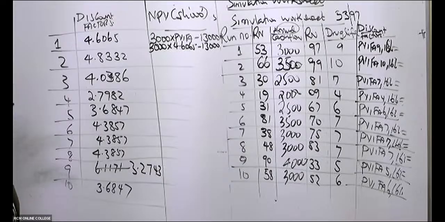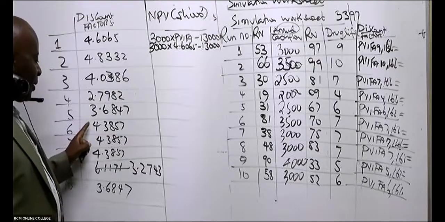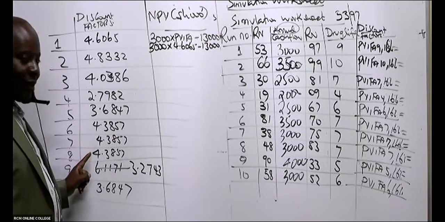Lincoln is insisting that 6 to 8 is 4.038. Oh, Margaret. They are saying this figure is not right. This one here, number 6 to 8.